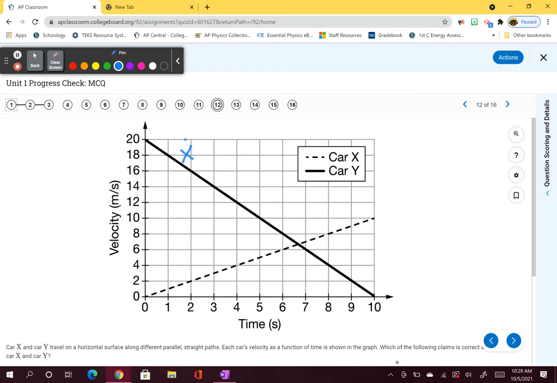The velocity of car Y is getting smaller, so it's slowing down. Car X, again, is a positive direction because it's above the x-axis. This one is speeding up. So just kind of get an idea of what's happening here.